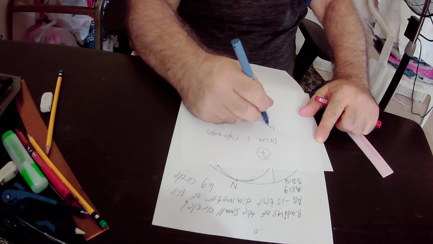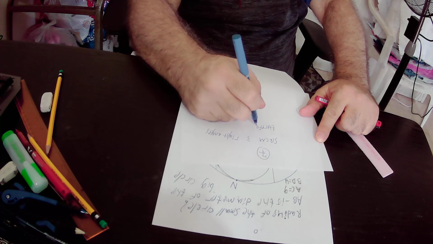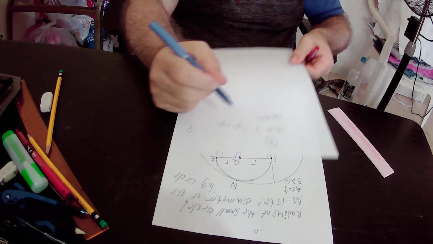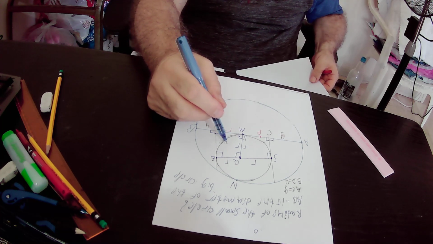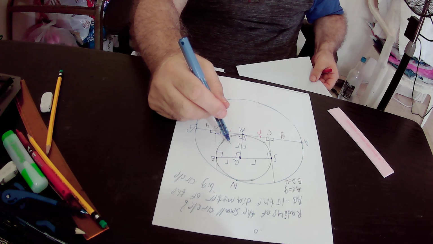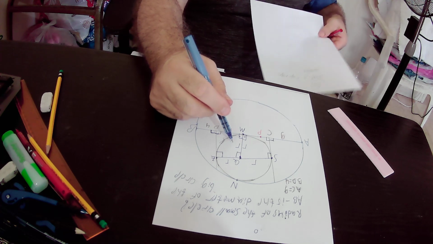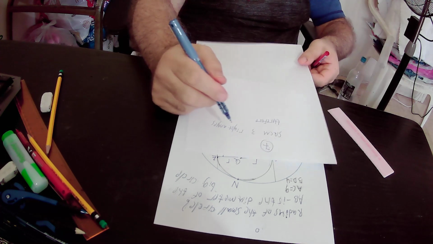Therefore, according to what we did in this quadrilateral, we proved that whenever you have a quadrilateral with three right angles, then the fourth angle must be equal also to a right angle.